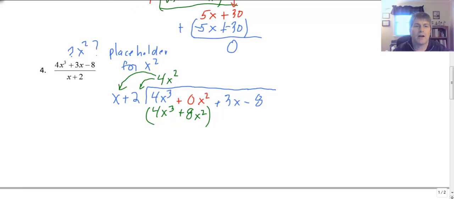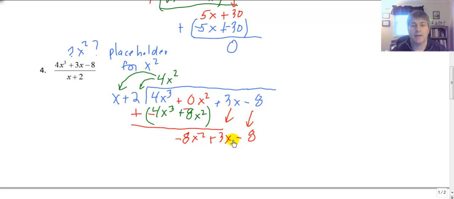We subtract our entire quantity. Notice I put it in parentheses, so we have to change all of our signs, and then go ahead and add. So we get a negative 8x squared plus 3x minus 8. Brought down my 3x, brought down my 8, my negative 8.